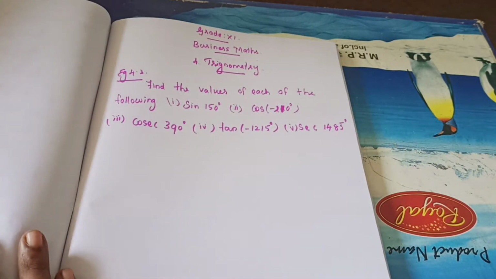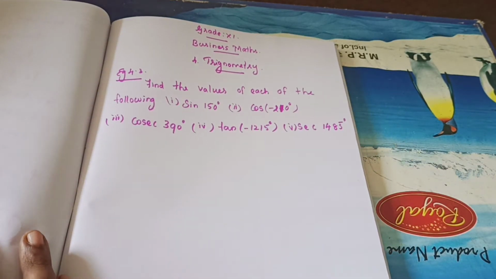Find the values of each of the following. Sine 150 degree. Next one, cos of minus 210 degree. Cosec 390 degree. Tan minus 1215 degree. Secant 1485 degree. Very easy if you are thorough in all the values and whether it is positive or negative.